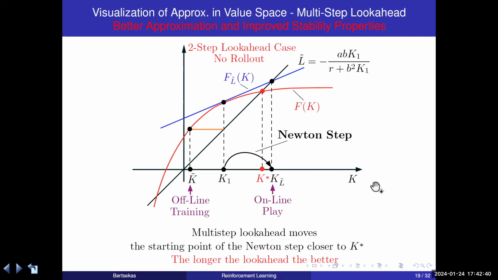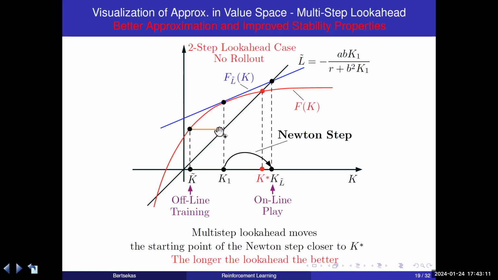And another important point that I want to make is that multi-step look ahead improves stability. Suppose that you start, for example, from some cost function approximation that gives you an unstable policy. Then you're in trouble. On the other hand, if you use two-step look ahead, the first look ahead step brings you to a point which may give you a stable policy.